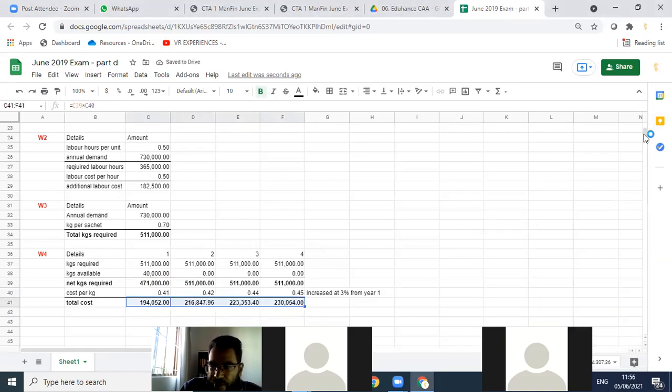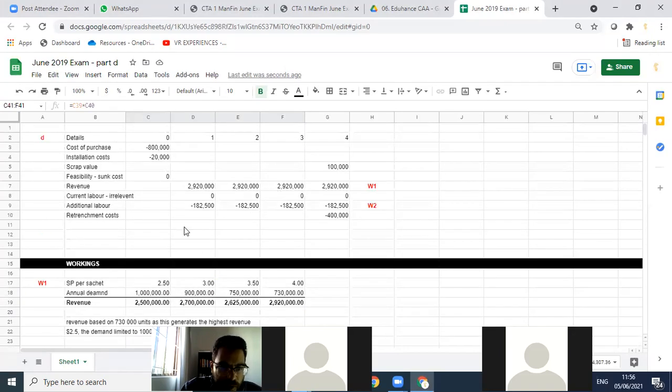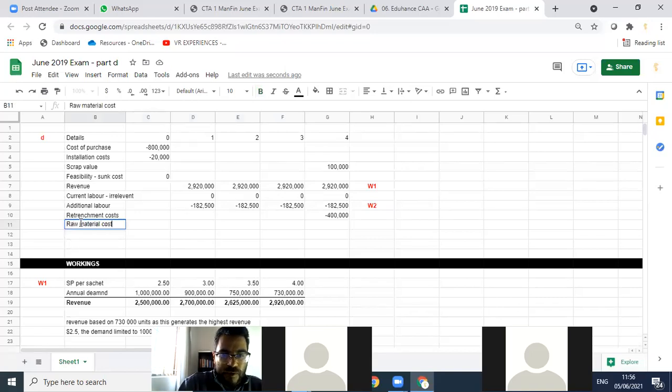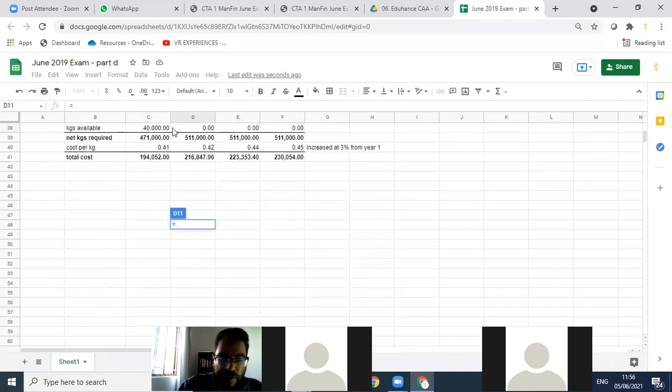I don't know if the solution did that, but we can check now. This is raw material. So remember it's a cost, so I'll make it negative, equal to that.